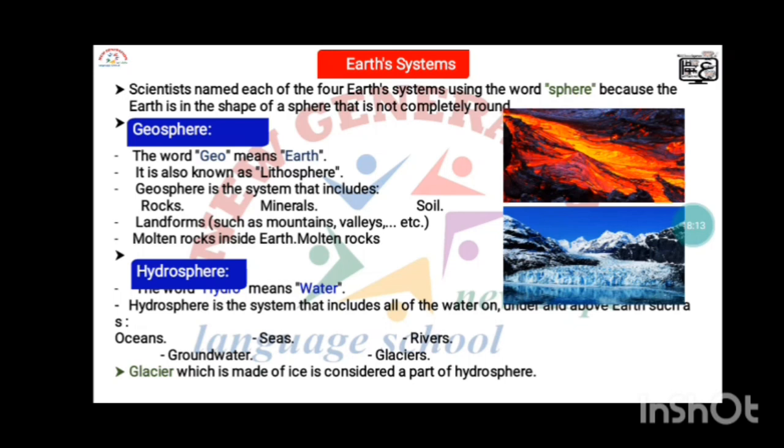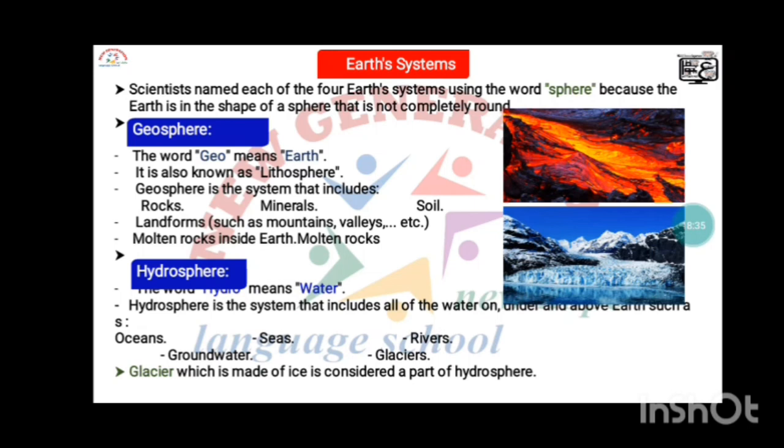Let's start with geosphere. The word geo means earth. And we can call the geosphere also lithosphere. So geosphere or lithosphere.